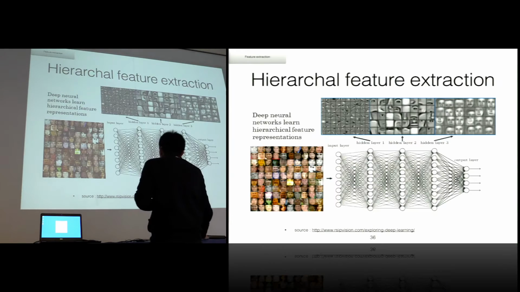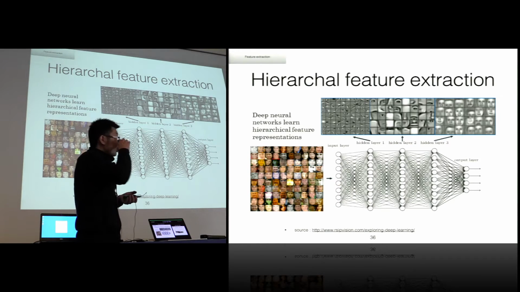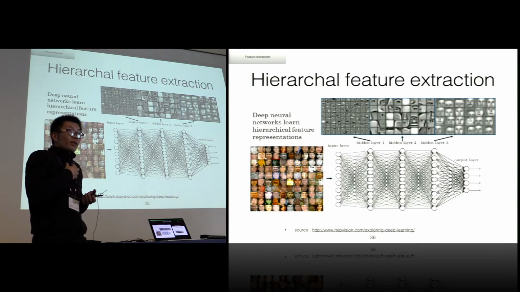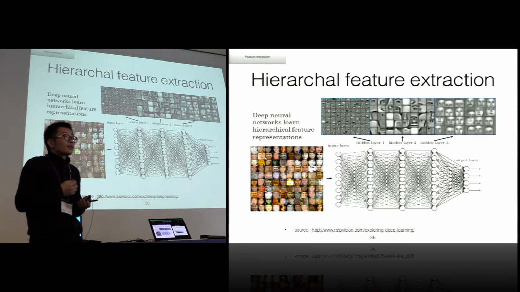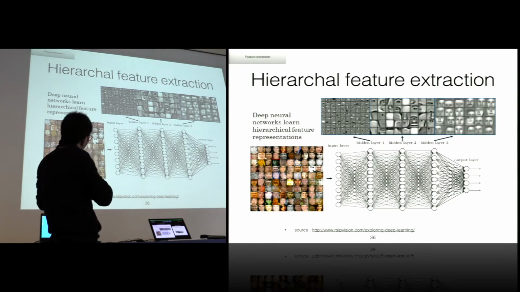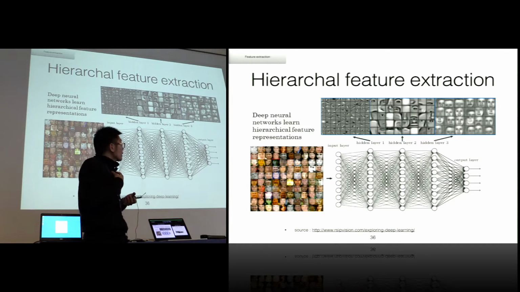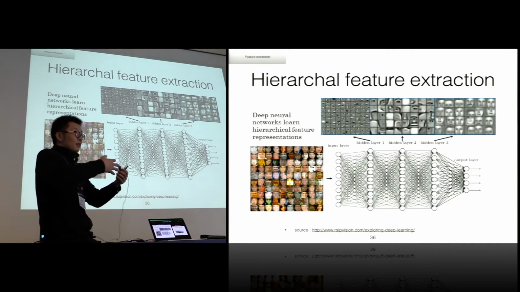I showed you this example before, but I will talk about it in a little more detail, because the idea of deep learning is that it works as a very cool hierarchical feature extractor, simulating the way we learn. For face recognition, we have different layers of the neural network, and each layer is responsible for learning some features.